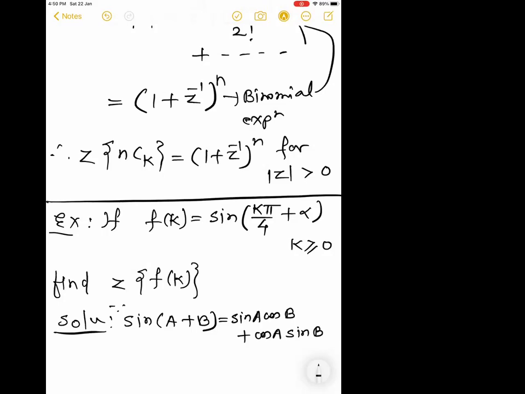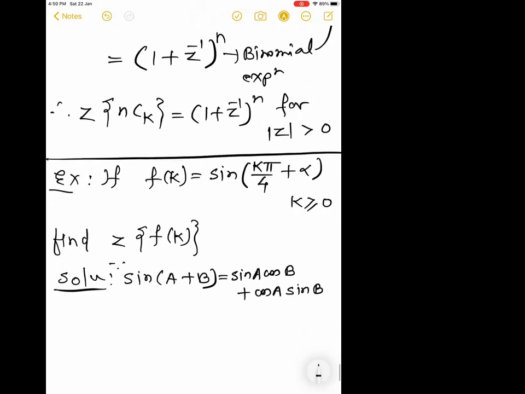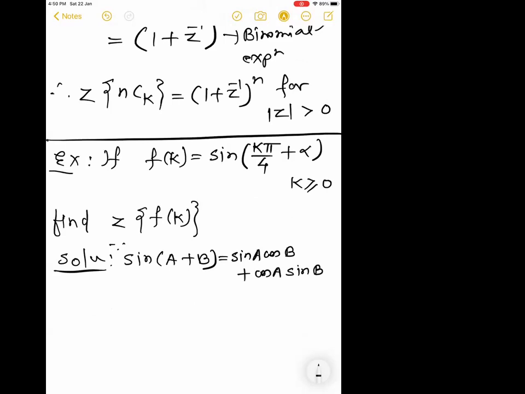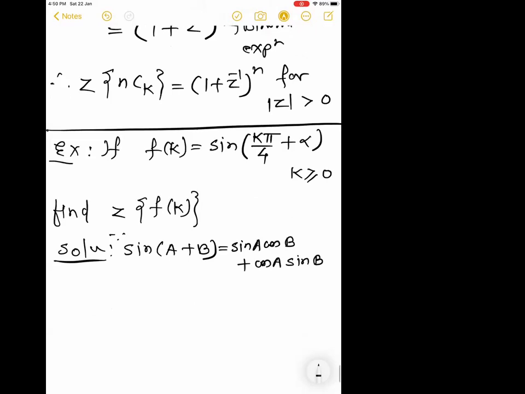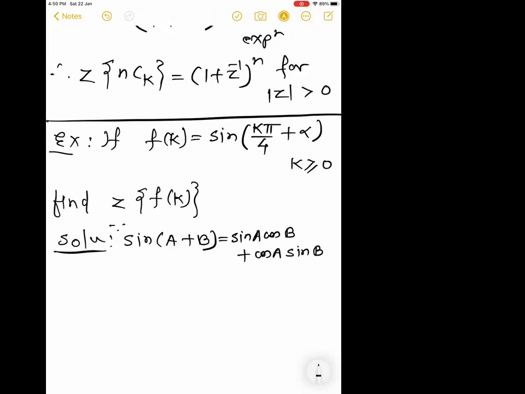Sin A into cos B plus cos A into sin B. Yes or no? Yes, madam. This is basic trigonometry from the 10th and 11th standard, where you have the initial properties or identities of the trigonometric functions. So in this case, sine of k pi by 4 plus alpha.